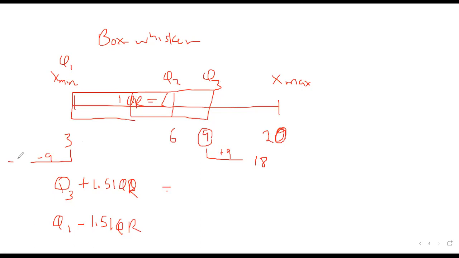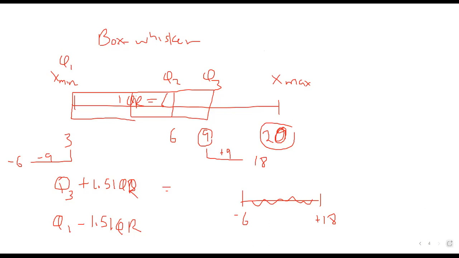So you're going to get -6. So meaning our acceptable range will be within what? -6 and +18. Any number that is outside this range is called an outlier. So as you can see, we have a 20, which is out of the range, which is called our outlier.